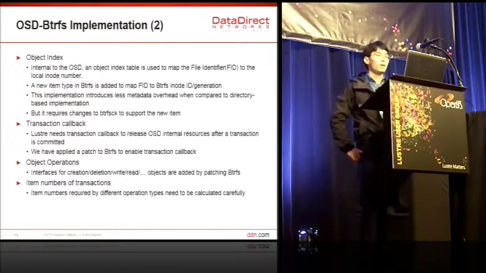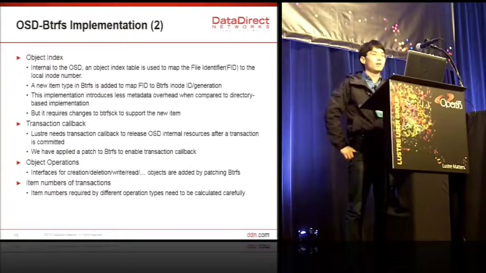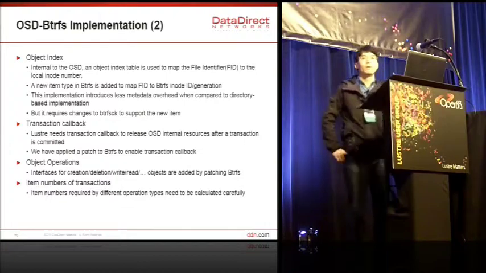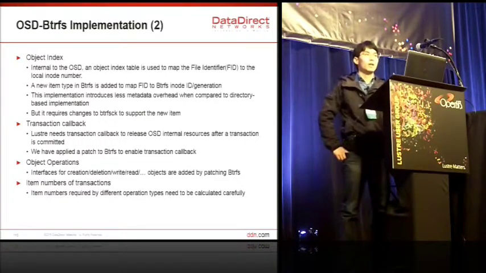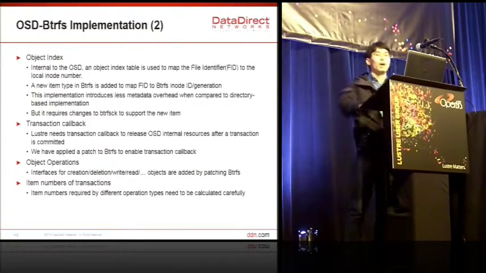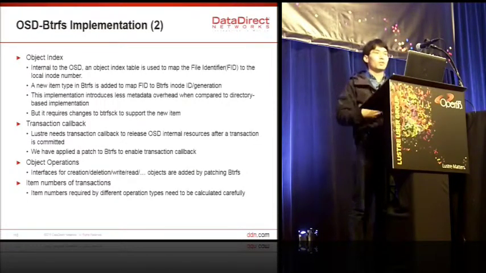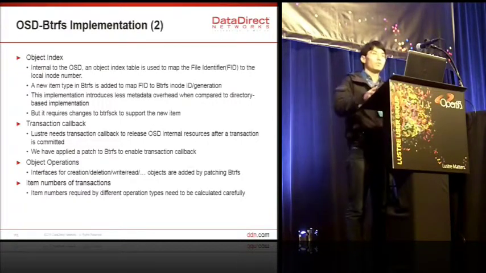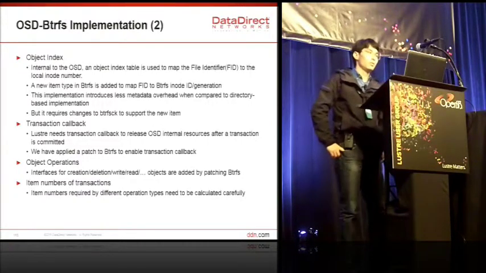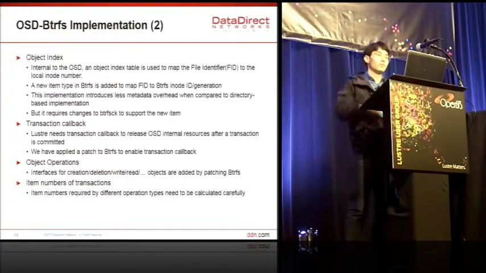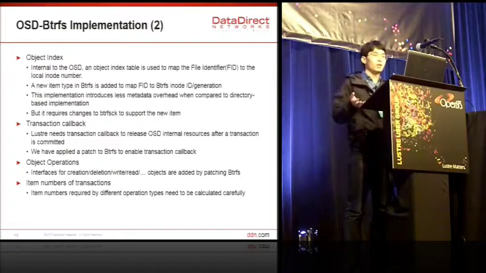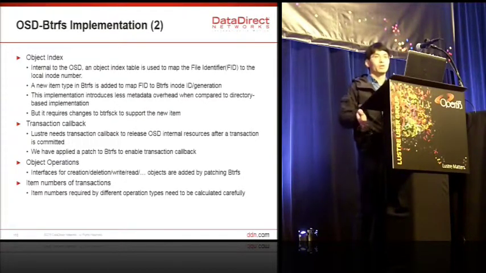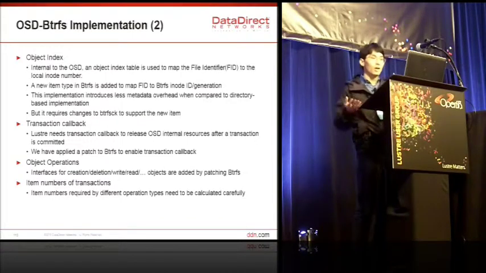Another thing is that we added the transaction callback to Btrfs. The transaction callback is used to release the internal resources after a transaction is committed. We have to patch Btrfs a little bit to support this, and we have to patch it more to add operations of objects, such as object creation, deletion, read, and write.